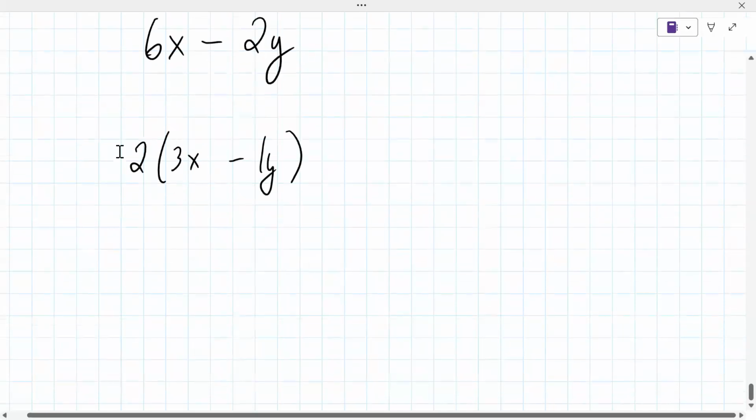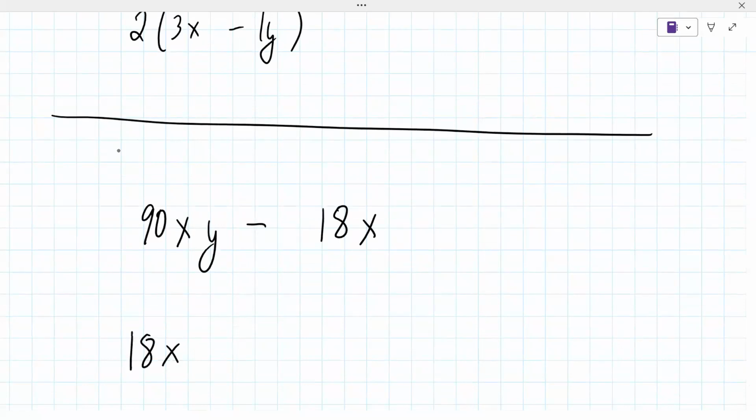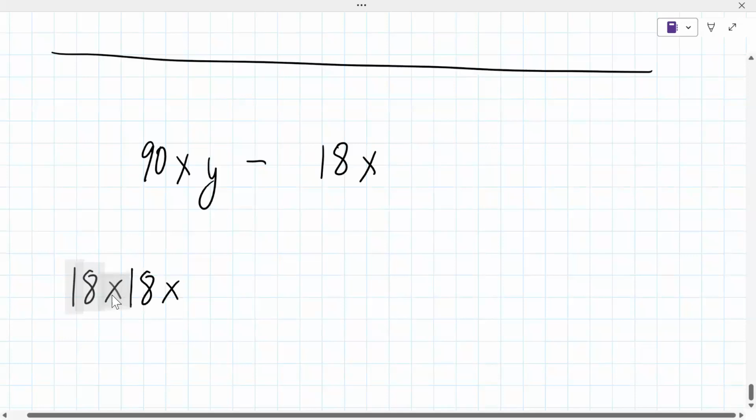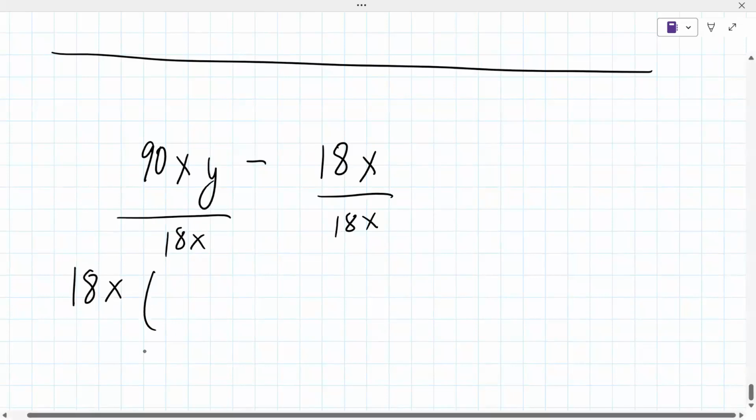All right. Let's get one more here. 18 on the outside, so it's actually 18x. I know we haven't covered this yet, but I figured I'd throw that in. Try one more time. 6xy minus 1x.